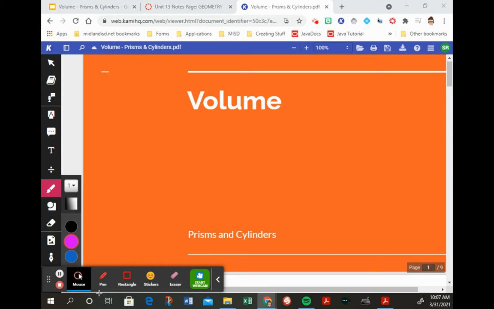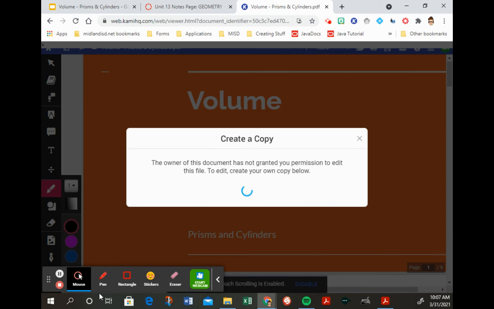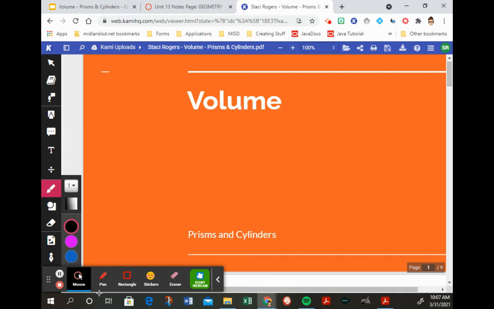Hey folks, today we're going to talk about volume of prisms and cylinders. Just to remind you, a prism is a shape, either rectangular or triangular, something that has rectangles in it.